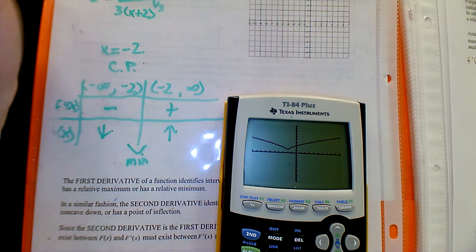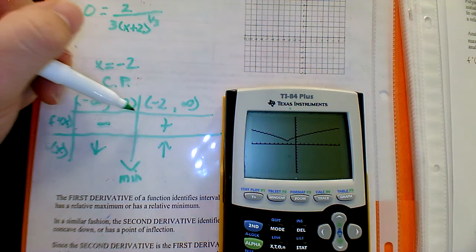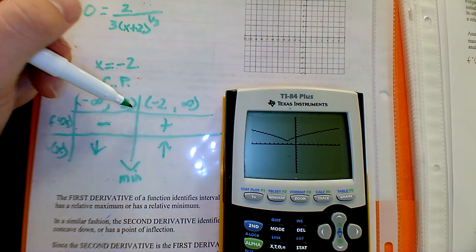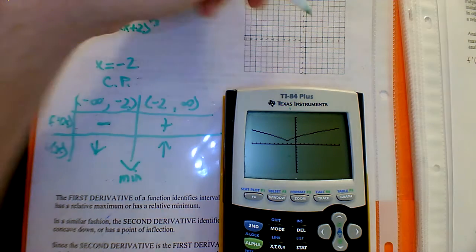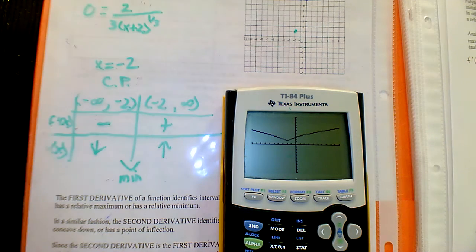And let's go ahead and sketch this on the graph that they provided. We know that our critical point was at -2, 1. And what's actually happening there? We have a sharp point. It's coming down from one direction, stops there, and then goes up the other direction.